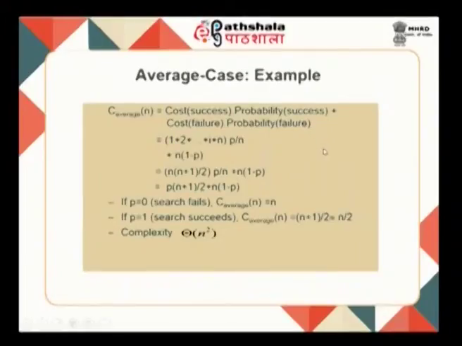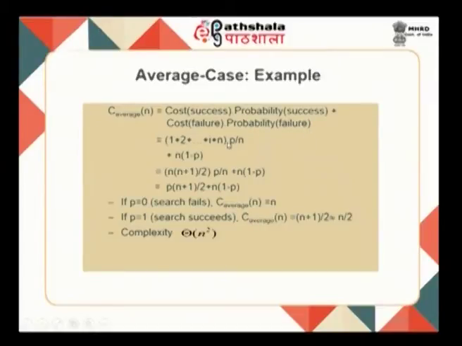We have to consider all possible configurations, then introduce the probability here, and then consider the scenario where we can get the average number of comparisons. So, you can see for this problem, the average cost is computed as the cost of success multiplied by the probability of success plus the cost of failure multiplied by the probability of failure.